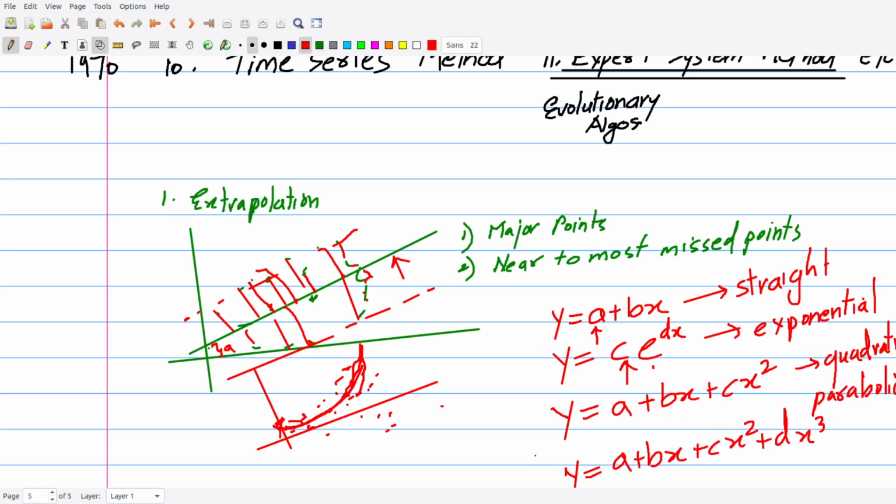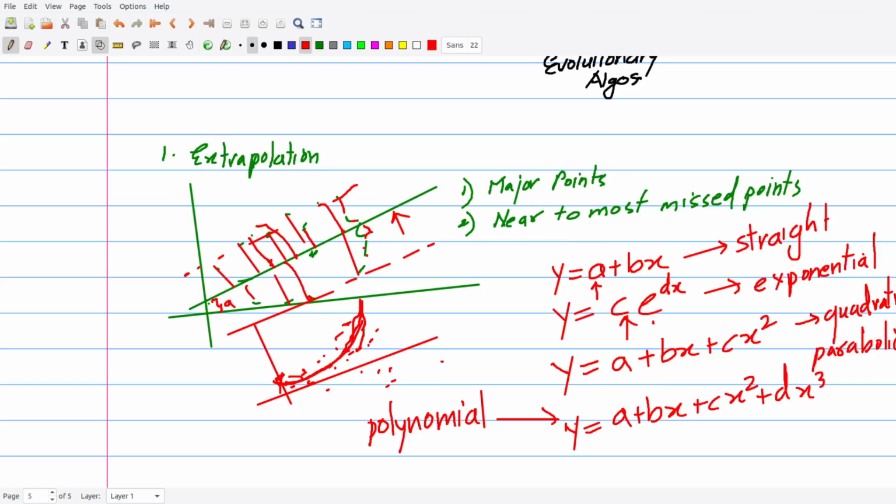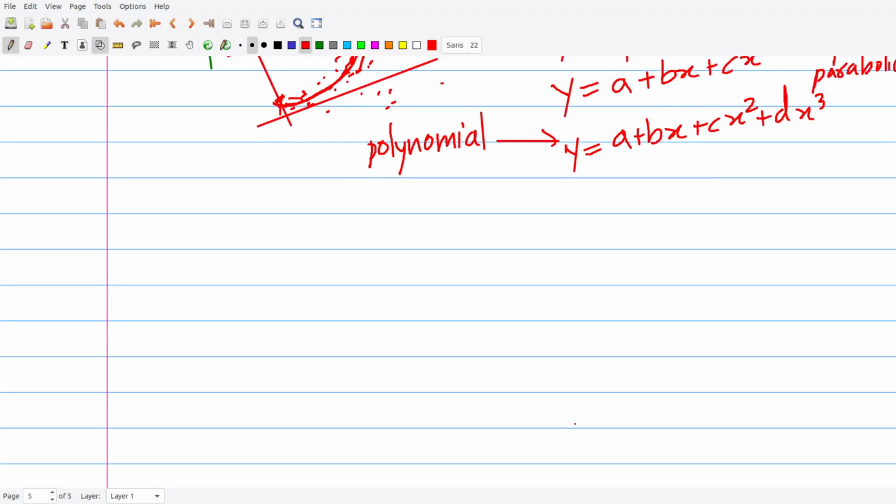This is called polynomial. So all these are called the extrapolation method. You can also have a conic method, you can have deterministic extrapolation. There are no attempts to calculate your errors. So you have to find good accuracy and draw a line in between. So we'll go to the next method.